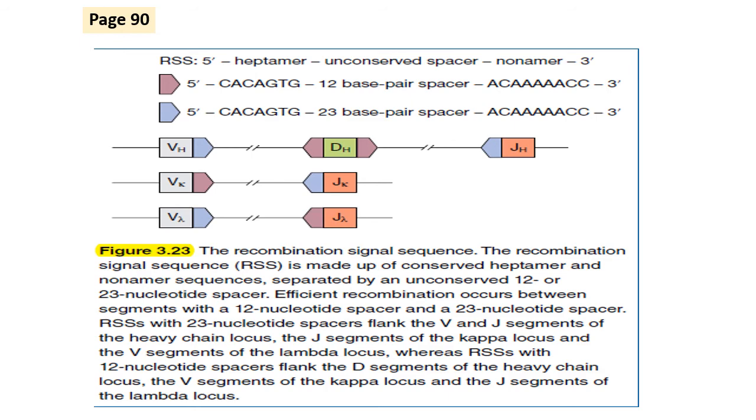In the light chain loci, variable kappa segments are flanked by RSS with a 12 nucleotide spacer, and junctional kappa, J kappa, with a 23 nucleotide spacer. This arrangement is reversed in the lambda locus.